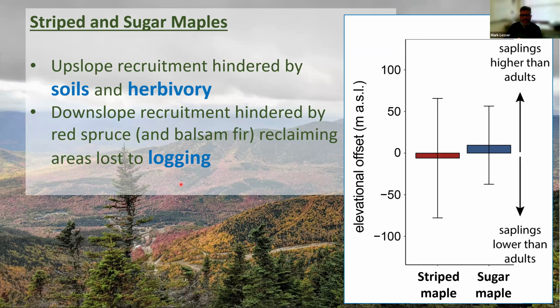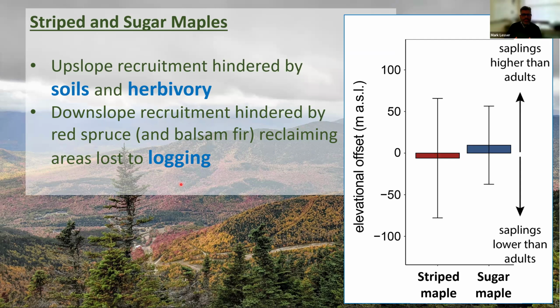Jordan also looked at mycorrhizal associations and found that might be hindering upslope movement of a lot of these deciduous species as well, the fungal community being an important part of the ability of these species to thrive, even if climate conditions are conducive to their moving upslope.